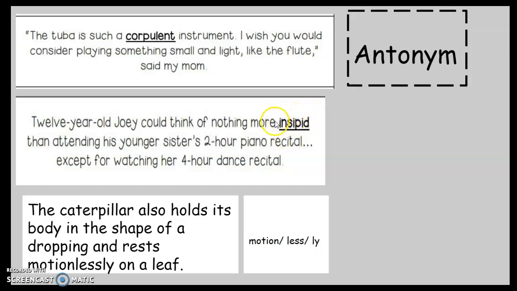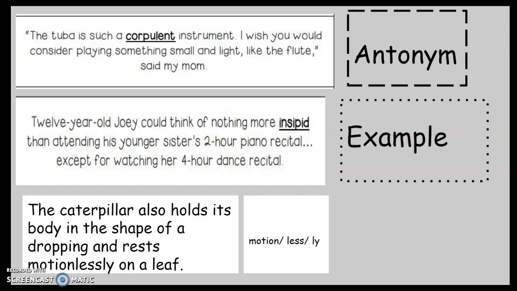What do you think insipid means using these clues? We've got an example happening here. Like, nothing's more insipid than this. Oh, other than this. What do you think insipid means? I think it must mean boring. I think Joey's a little bored.